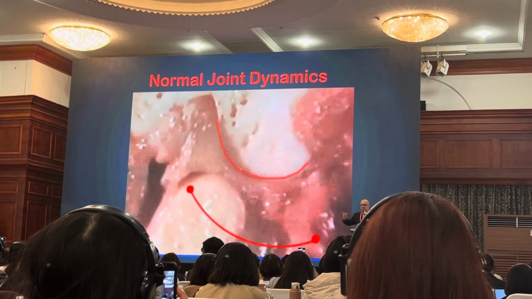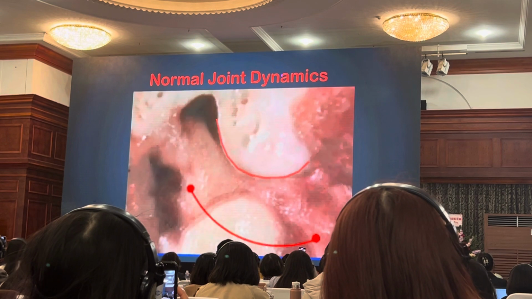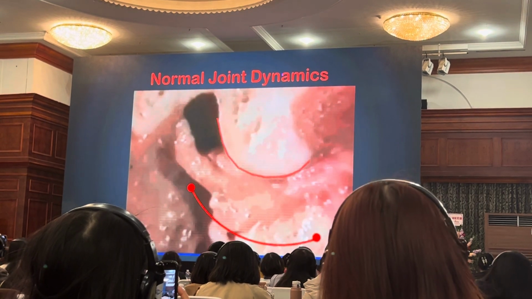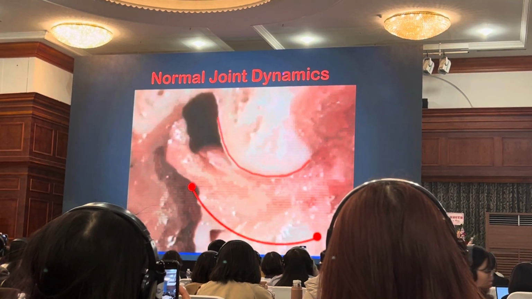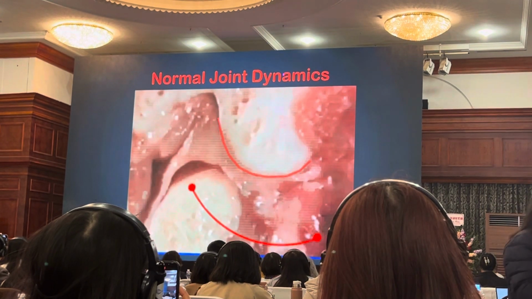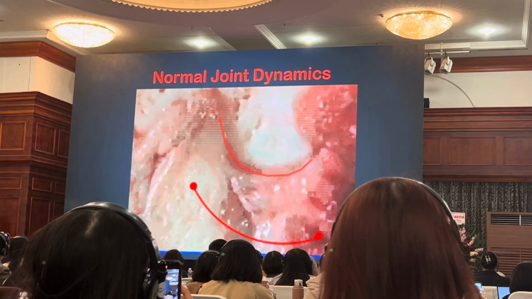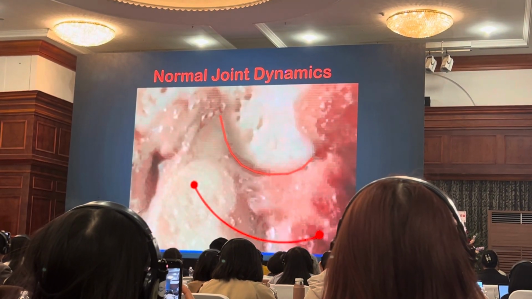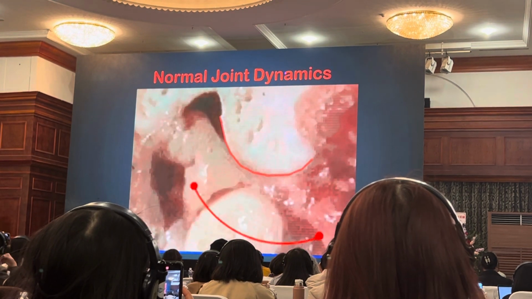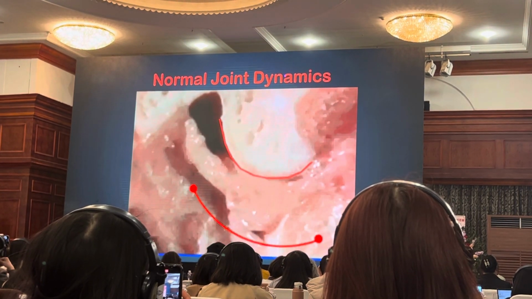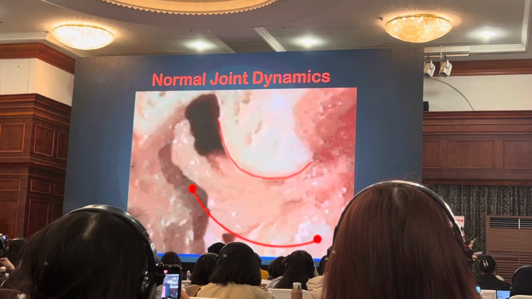So depending on how the eminence is, this movement will happen. Some patients, in the moment of opening, closing, or protruding, retruding, show a completely different movement of the mandible in this process, because it happens on top of the eminence.